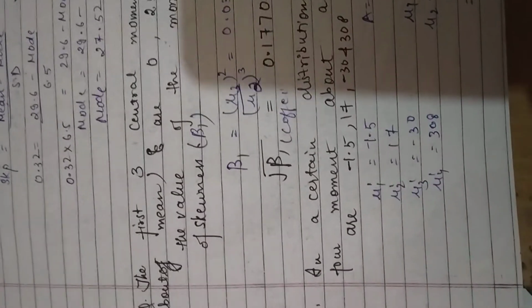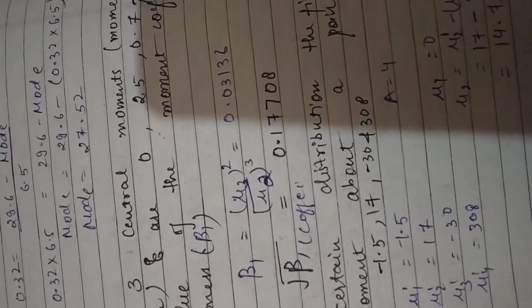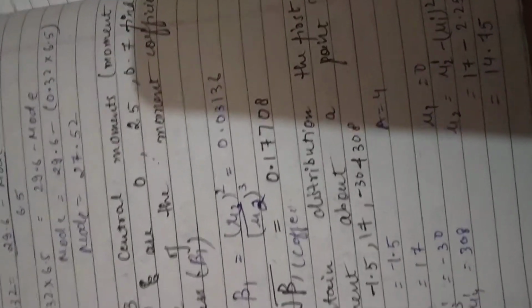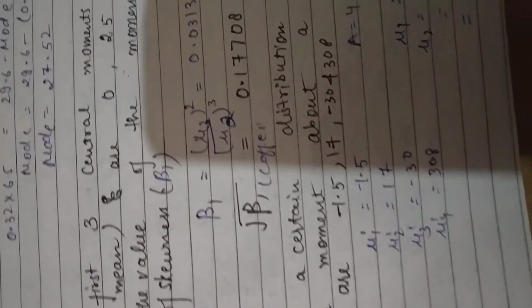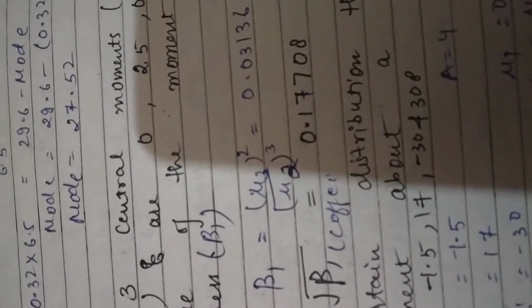Now the next question: the first three central moments are 0, 2.5, 0.7. Find the value of the moment coefficient of skewness, that means beta 1. The moment coefficient of skewness, beta 1, is mu3, the third moment, whole square over the second moment whole cube.